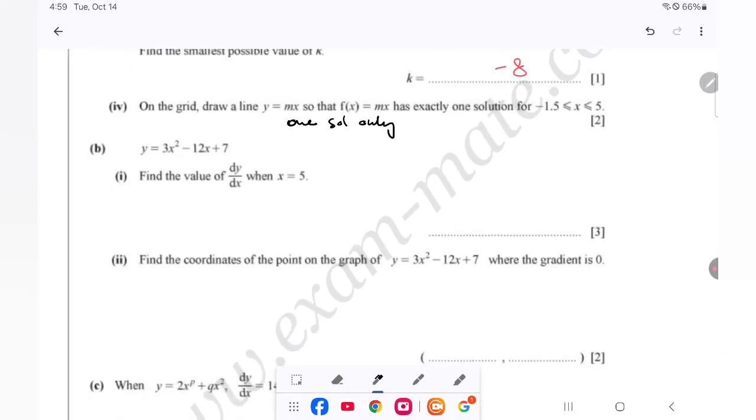y equals 3x square minus 12x plus 7, and the x value is given. What we can do, we have to find the derivative.